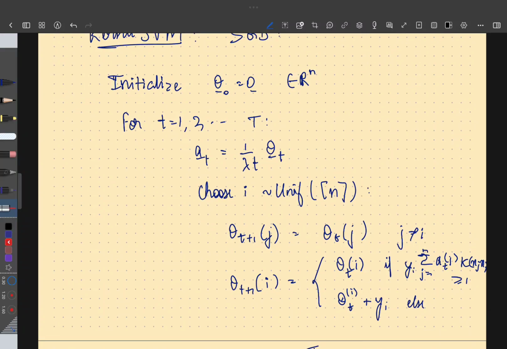So one thing to note is that if you use vanilla SGD, then you don't need to keep track. So remember here, theta t is not the w_t, the one that we are interested in. The quantity that we're interested in is this, right?